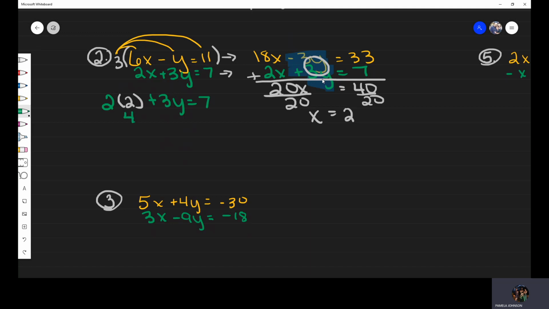I will have 4 plus 3y equals 7. We're going to subtract 4 from both sides. So 3y equals 3. And then we're going to divide by 3. So that y equals 1. And our final solution is 2, 1. Again, this is x, y order.